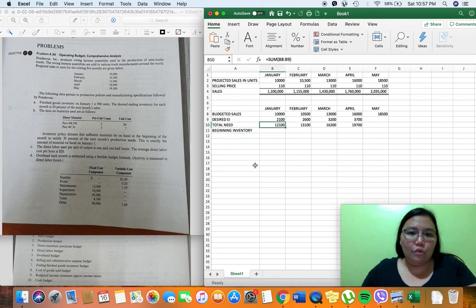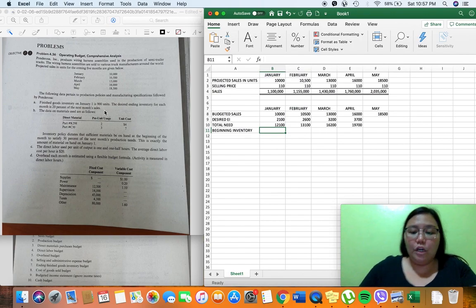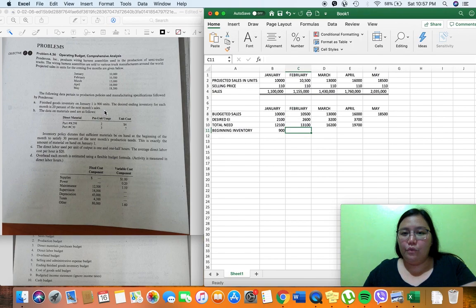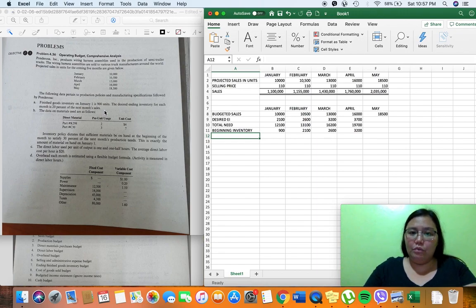Okay? So as per letter B, the finished goods inventory on January 1 is at 900 units. Of course, we know that whatever the ending inventory is last month, which is January, that is the beginning inventory for February. So we just have to copy. So 2,100 the beginning for February, 2,600 for March, and 3,200 for April. So get the difference between the two.